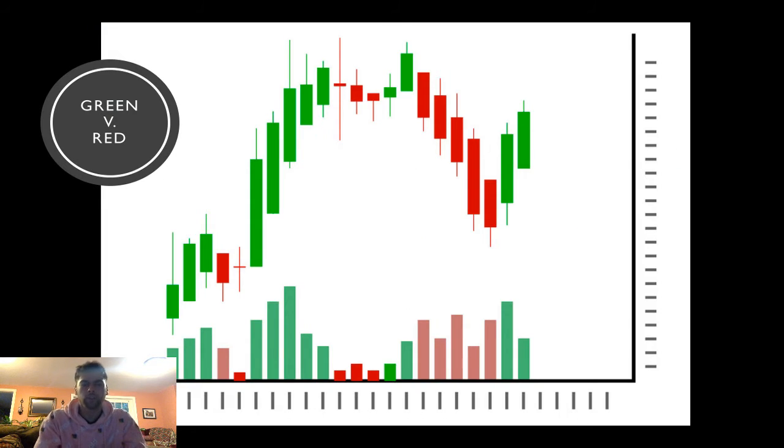Okay? So now, green versus red, so up versus down. You can see on this candlestick here there's no wick, okay? So that means it actually started at the bottom here. It's green. So the price during this time frame started here. During it, it moved throughout this whole range here, but it closed at the end of this box.